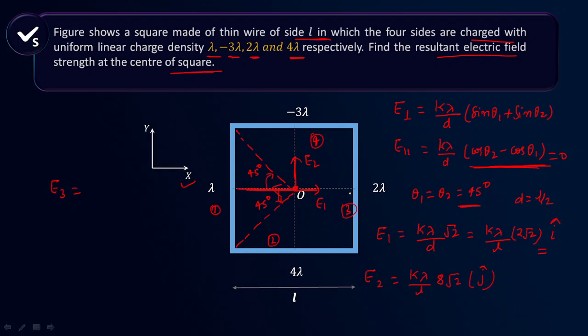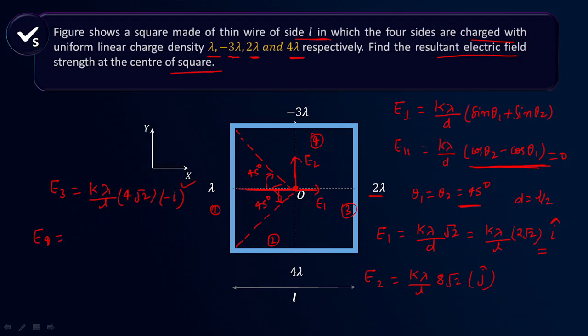Now E3, due to 2 lambda, it will be equals to k lambda by L into 4 root 2. Just we have to put the value of lambda and then simplify. So again it is in which direction? So it is in minus i cap, right? Similarly E4, that will be equals to how much?